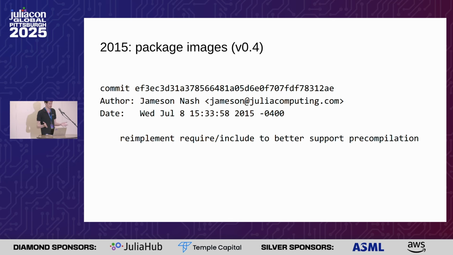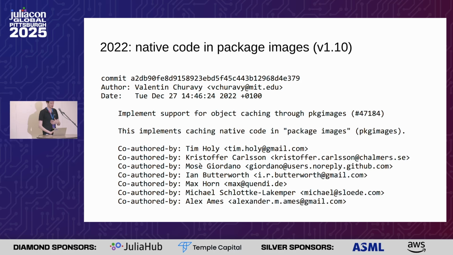And then a couple of years later, we do the same thing but for packages, right? Before that, we were saving and reloading the base code, but packages you still had to load totally separately every time. So eventually we got the same thing that we had in 2011, but now for packages. So this is a very, very slow, laborious process. And then it took an additional 7 years before we could save the native code for packages.